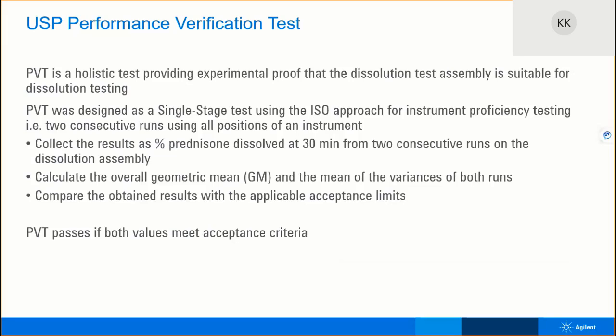You calculate the overall geometric mean and the mean of the variances of both runs, and then you compare the obtained results with the applicable acceptance limits. So the PVT passes if both values meet the acceptance criteria, so it's the overall geometric mean and the mean of the variance of both runs that need to pass.